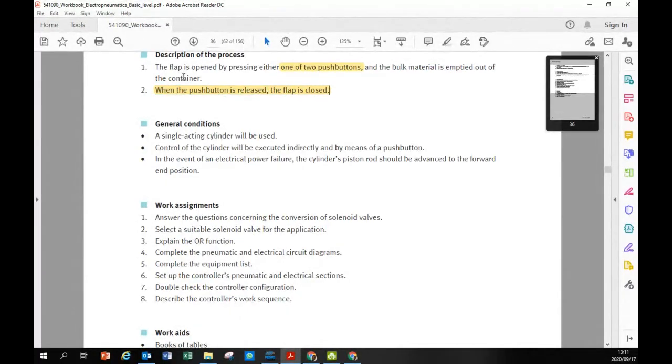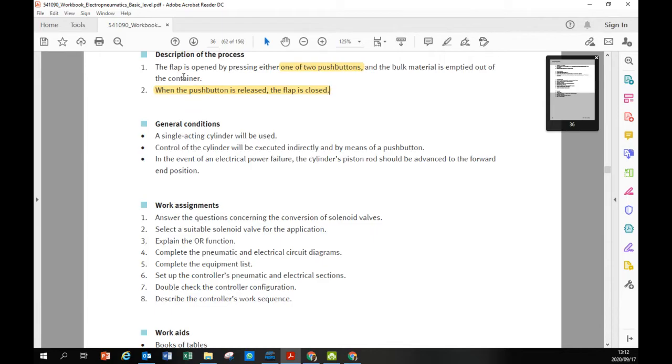This is to tell you the type of cylinders being used today. On the normal state, the cylinder must be in the extended end position. You also need to appreciate the terminologies, extended and retracted. Extended is equal to advanced.